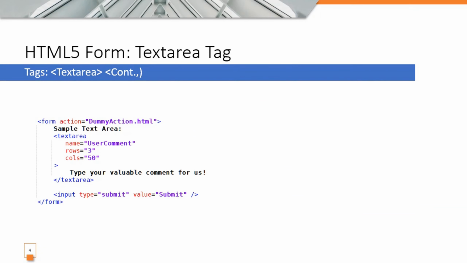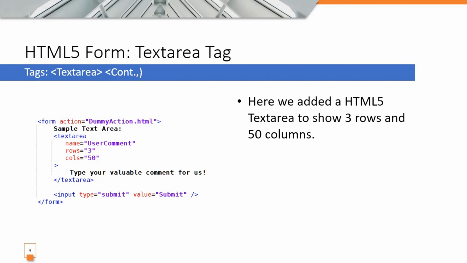Here is the example. Here we added an HTML5 text area. The element name is textarea, to show 3 rows and 50 columns.